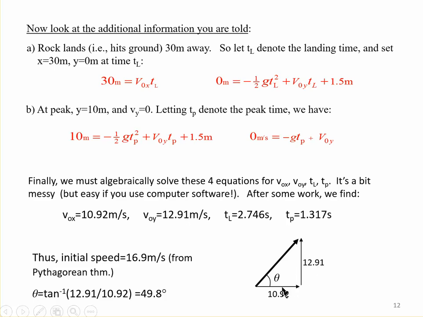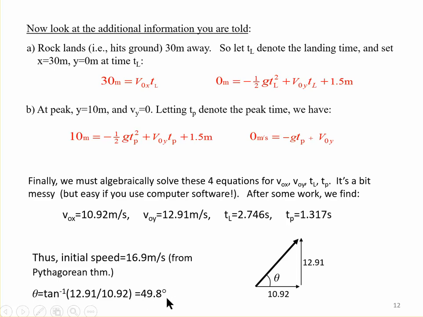So you draw a little triangle like this. Here's the initial velocity that the rock is tossed up at. And we see that if we want to find this angle, the tangent of this angle is the rise over the run, 12.91 over 10.92, so we can take the inverse tangent and figure out what the angle is.